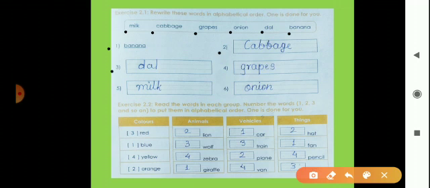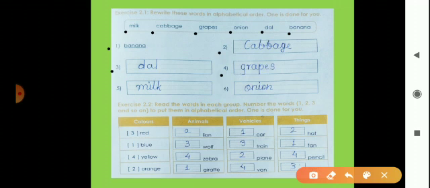Okay, so write dal. Now only 3 letters remaining, M, G, O. So out of M, G, O, G comes first in the alphabet, right? Grapes. After that M and O are remaining.